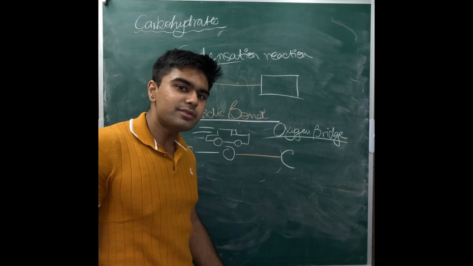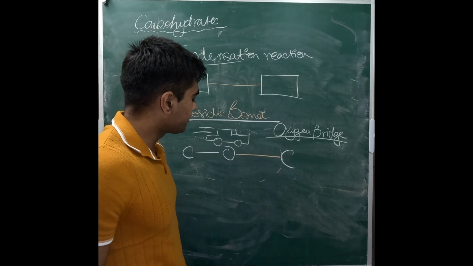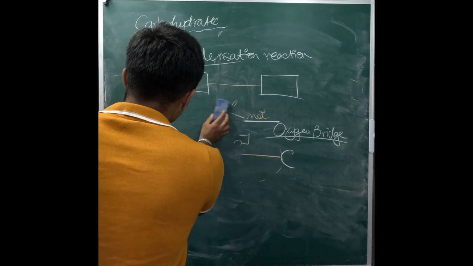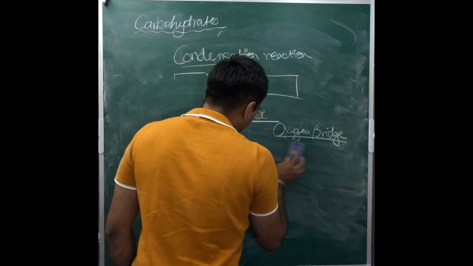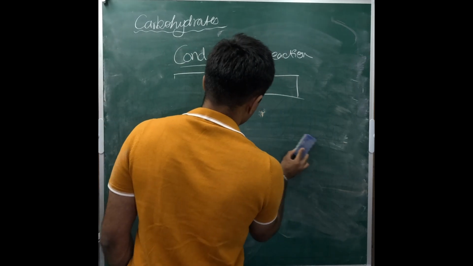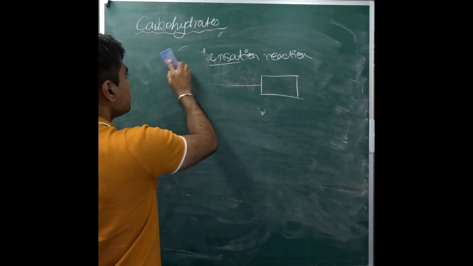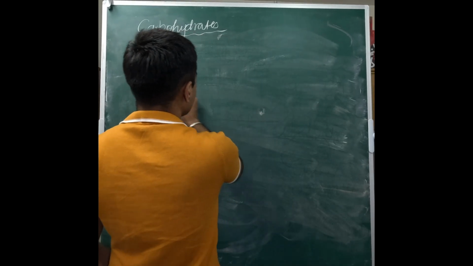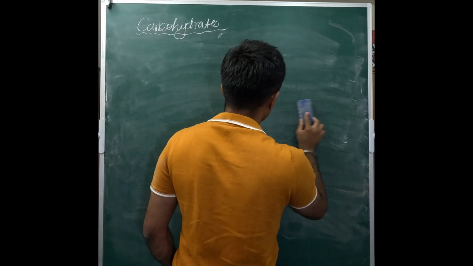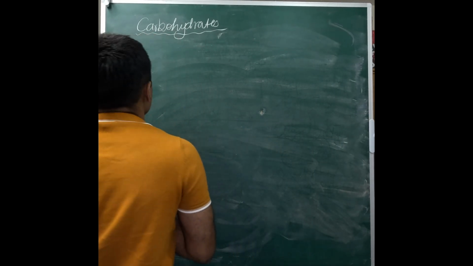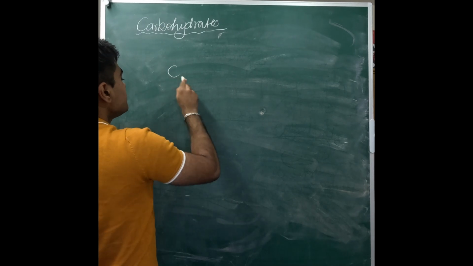What if I wanted to break the glycosidic bond? Well, this is going to be quite simple. When I formed the glycosidic bond, we called it a condensation reaction because of water. So clearly, when I break the glycosidic bond, it has something to do with water again.